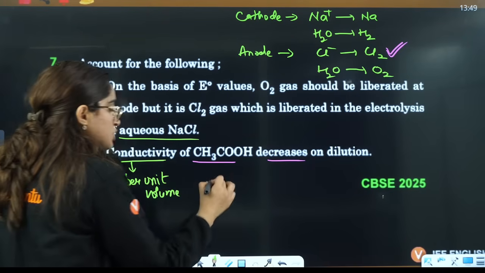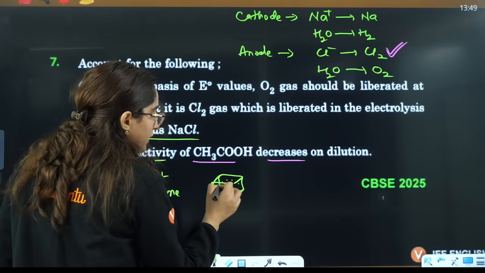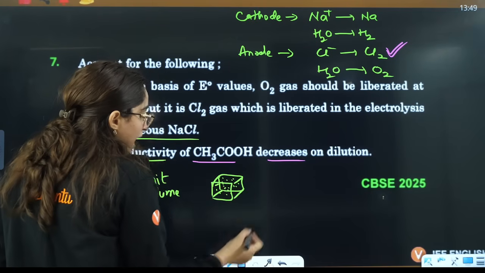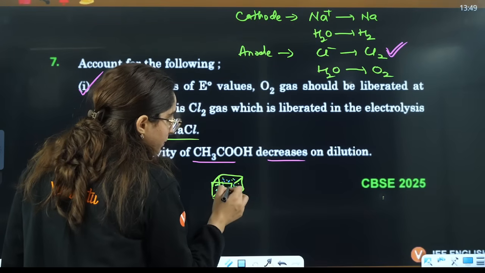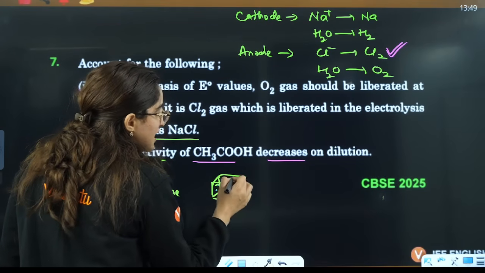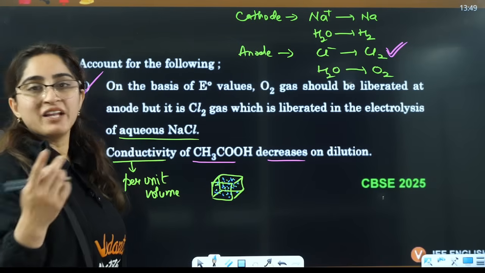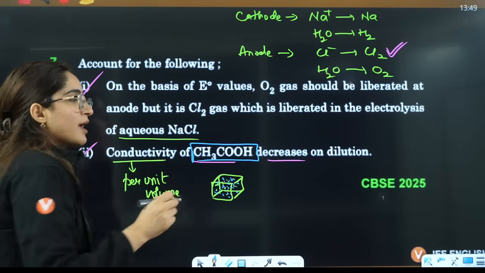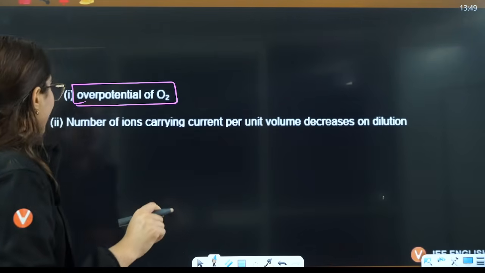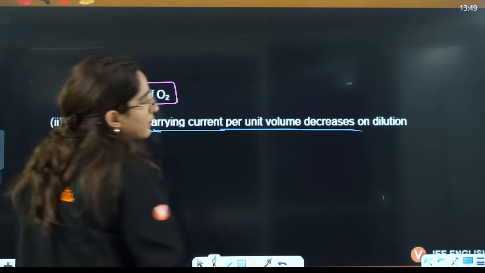So in that unit volume, earlier the ions were more, but as you start adding water, the water will start replacing the CH3COOH ions. The space is 1 unit volume only, so the number of acetic acid ions will be less. That is why conductivity decreases. The number of ions carrying current per unit volume decreases.